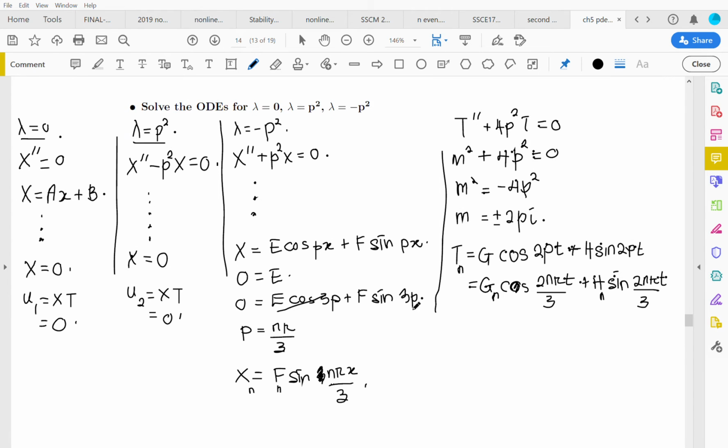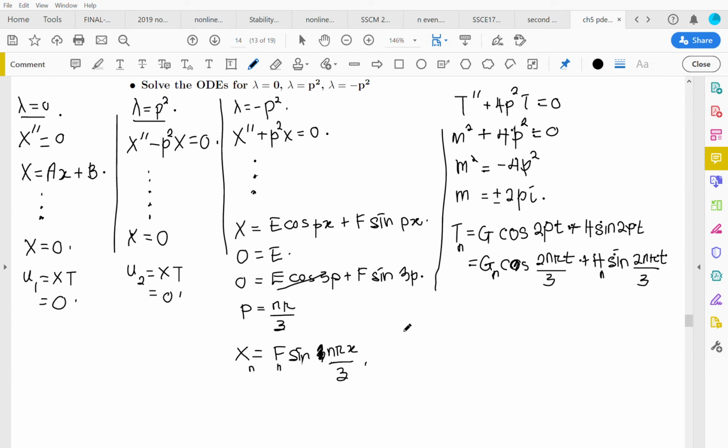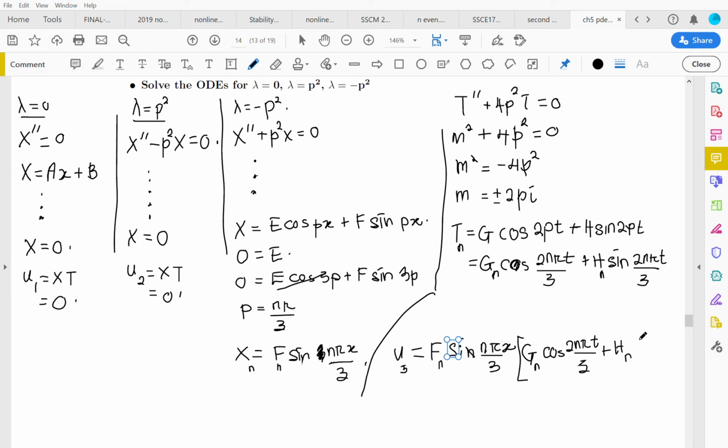Okay, so for the case of negative lambda, we will have u equal to X multiplied with this T. We have fn sine n pi x over 3, multiplied with g cos 2n pi t over 3, plus h sin 2n pi t over 3.